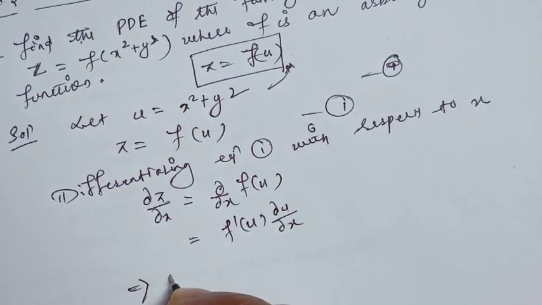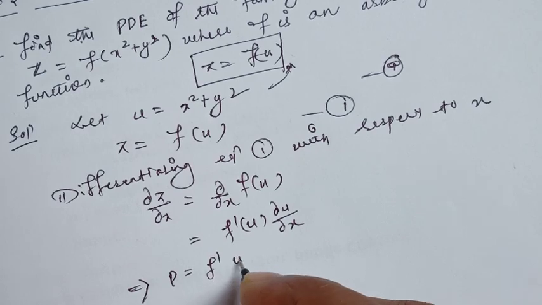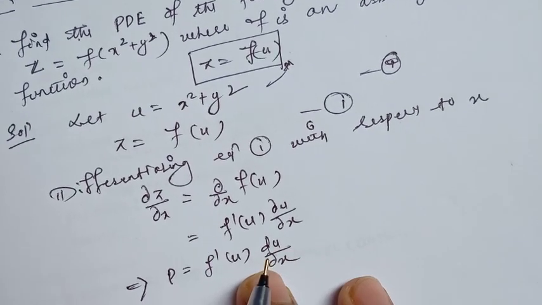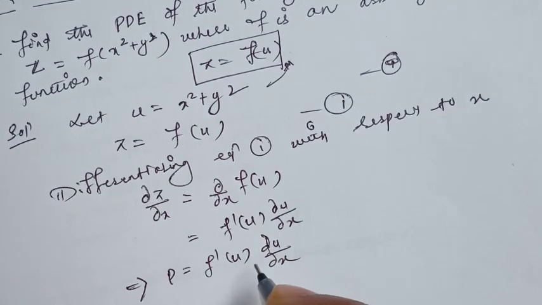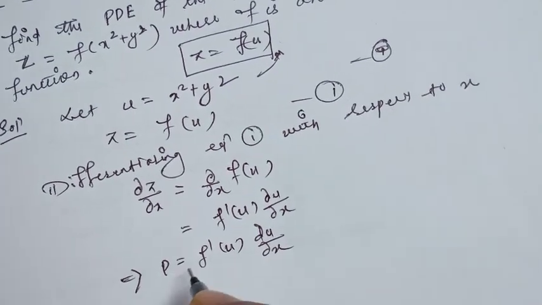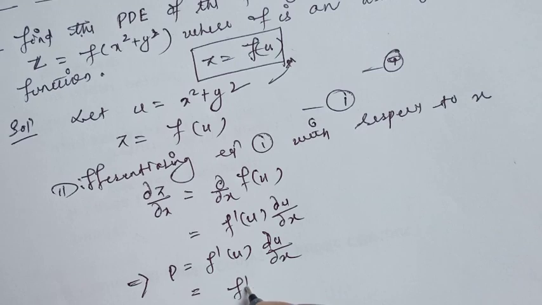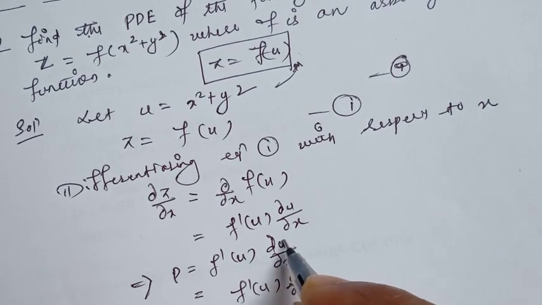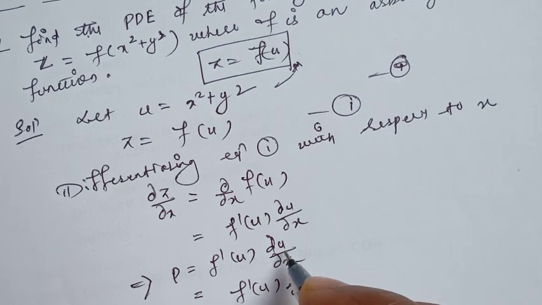That implies p is equal to f dash u du by dx. This is del u by del x, which is equal to f dash u del by del x of u.